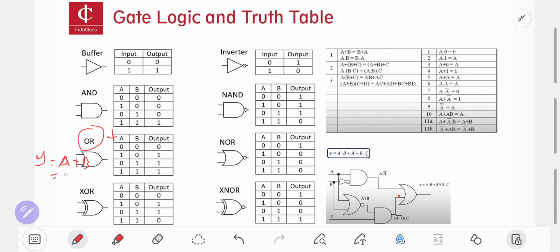For example, if you have input 1 plus 1 is equal to 1. 0 plus 1 is equal to 1. 1 plus 0 is equal to 1.